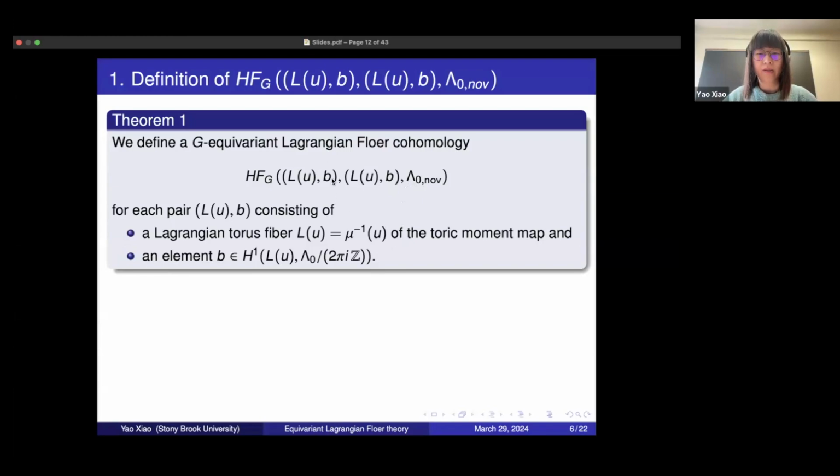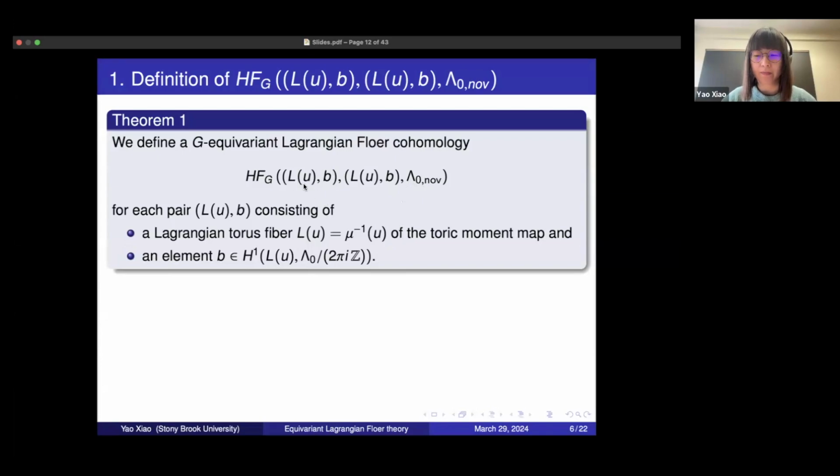Here we need some extra data, where b is a first cohomology class of the torus fiber with coefficients in the Novikov ring. The idea is, of course, to consider an equivariant A infinity algebra given by the Cartan model of the G action on L.